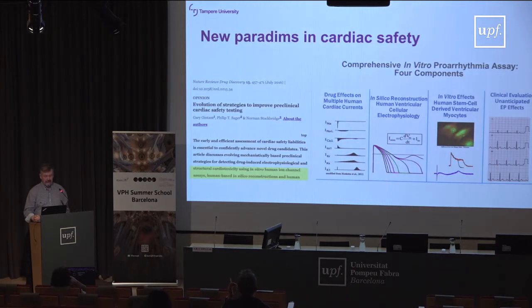And now people have started to look at these arrhythmia events, and the idea is that we have different kinds of assays. Of course we have a clinical evaluation that is normal, and then drug effects directly on certain ion channels, for example.